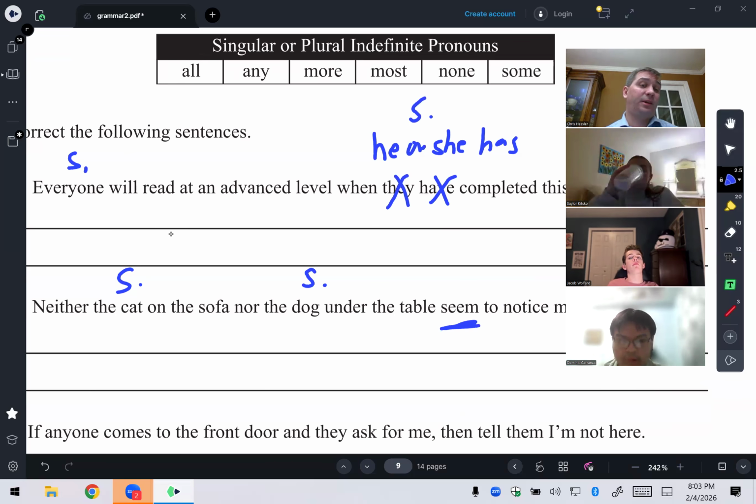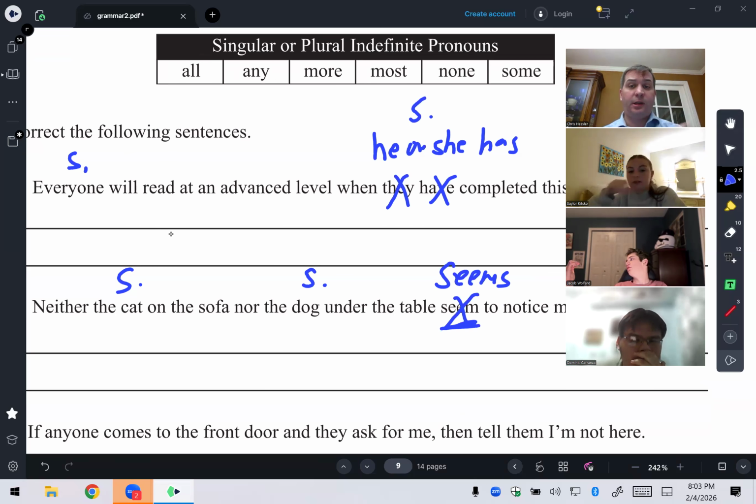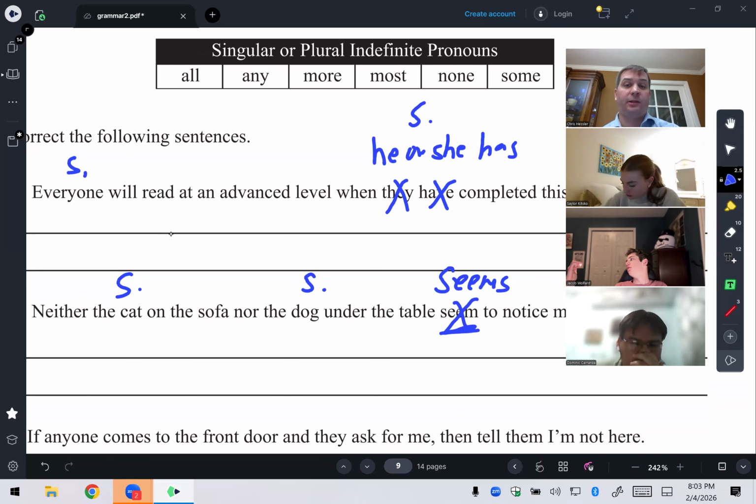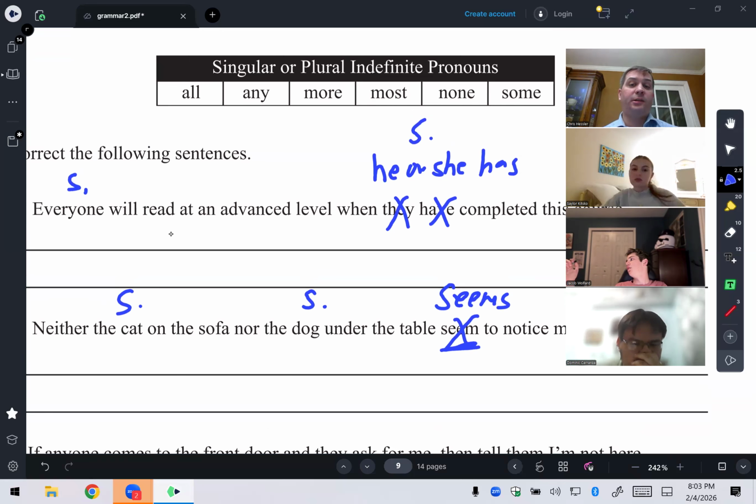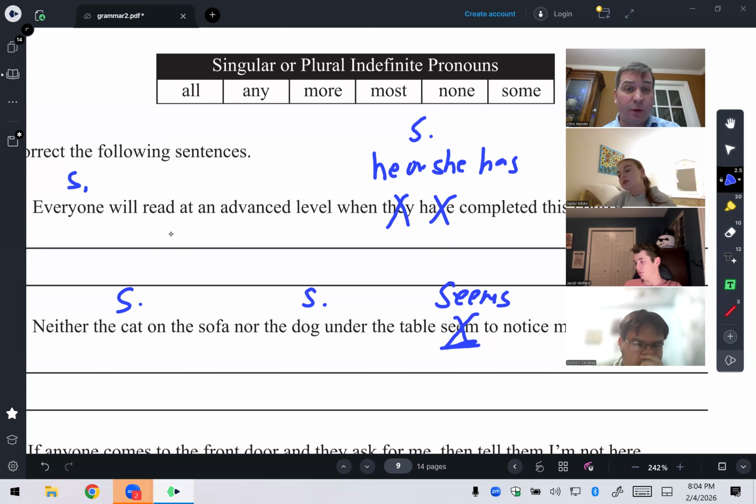So my entire subject is actually singular. So we need a singular verb form. Seems. It seems to be a nice day today. So that's singular. It seems. They seem to notice me, but I'm not saying that. I'm saying neither the cat nor the dog seems to notice me. Similar to it seems, right? So singular subject, singular verb form.